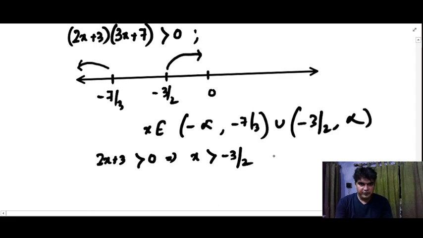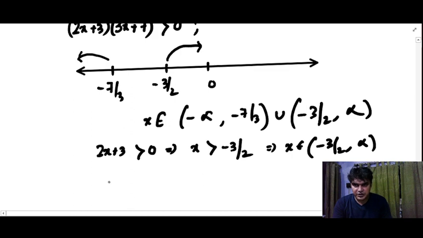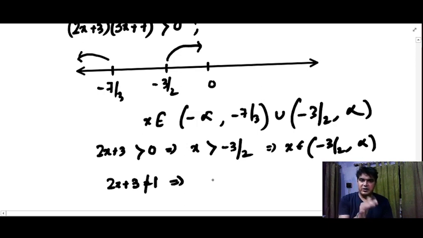So x belongs to minus 3 by 2 to infinity. Also, 2x plus 3 cannot be equal to 1, that means 2x cannot be equal to minus 2, so x cannot be equal to minus 1.